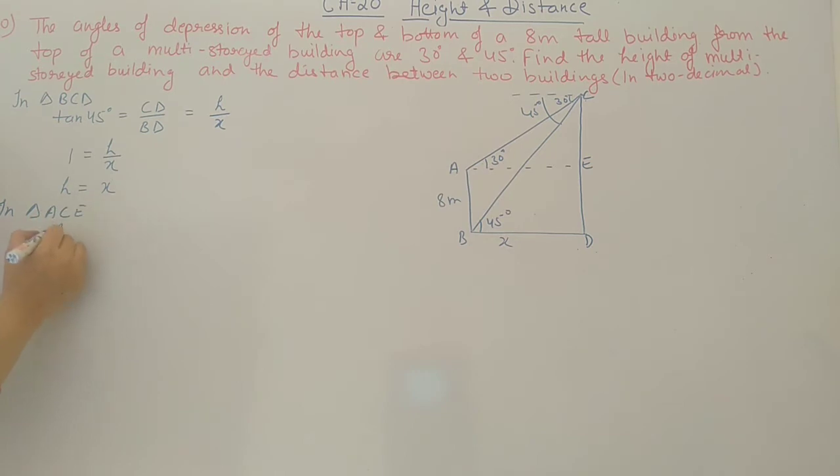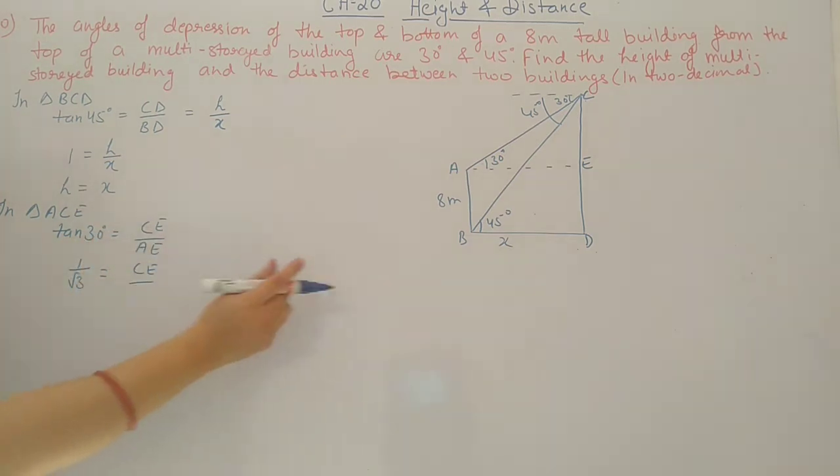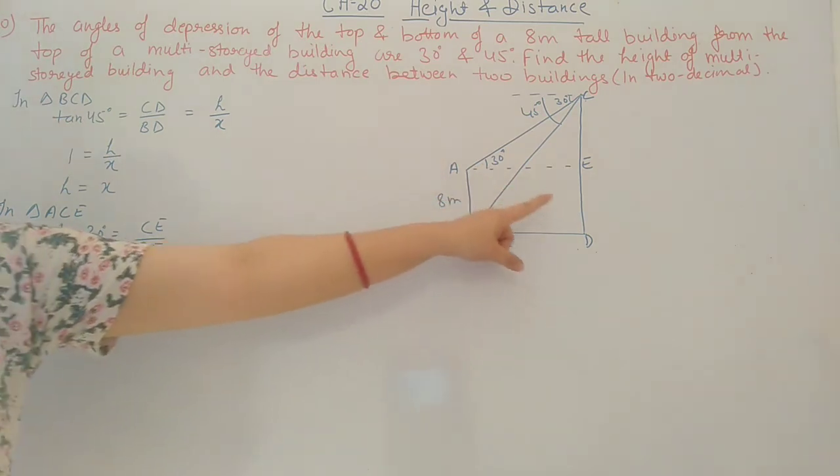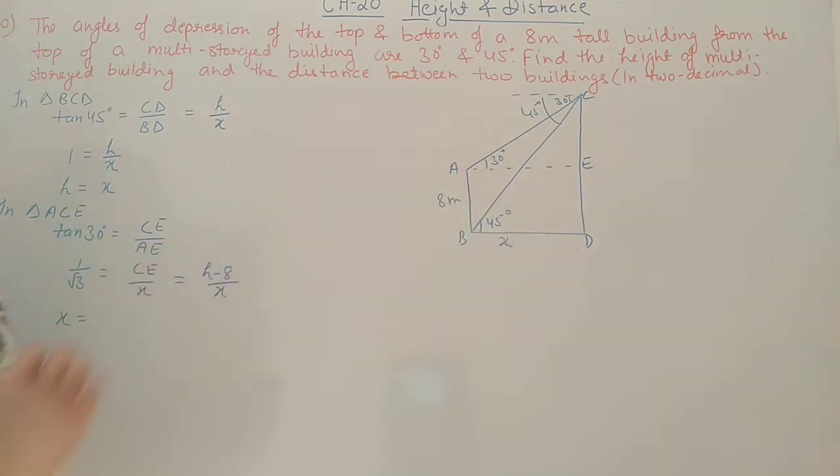Now from the second triangle, in triangle ACE, tan 30 is equal to CE by AE. Tan 30 value is 1 by root 3. CE we don't know. AE value will be the same as BD, so we can write it as X. CE we can write as H minus 8, because here it is 8, so the same CD or ED also will be 8.